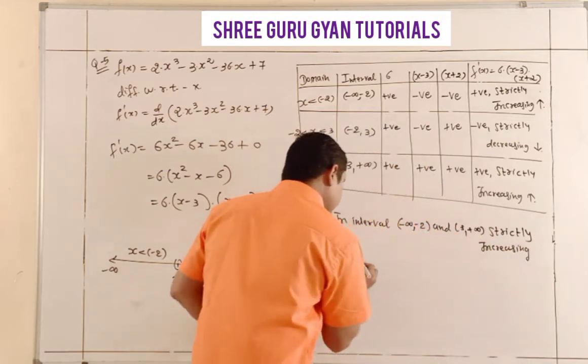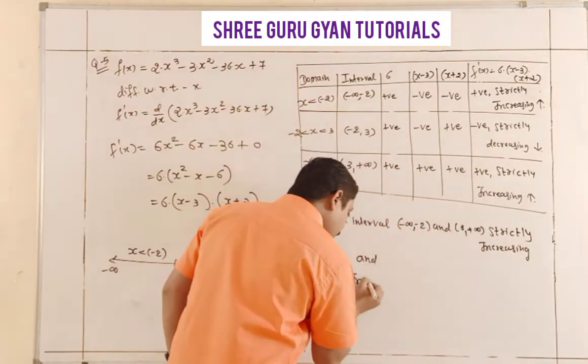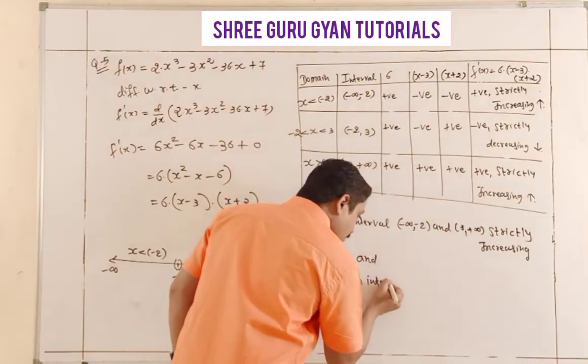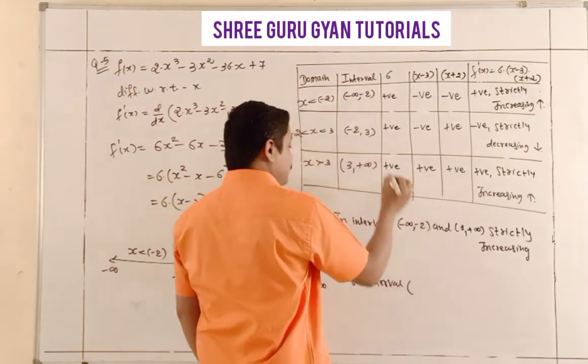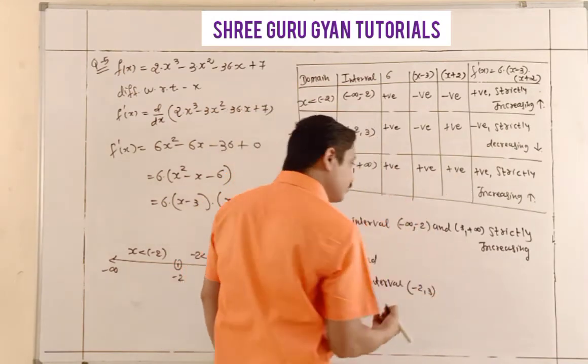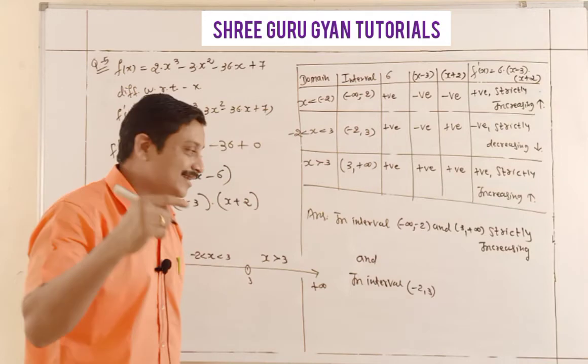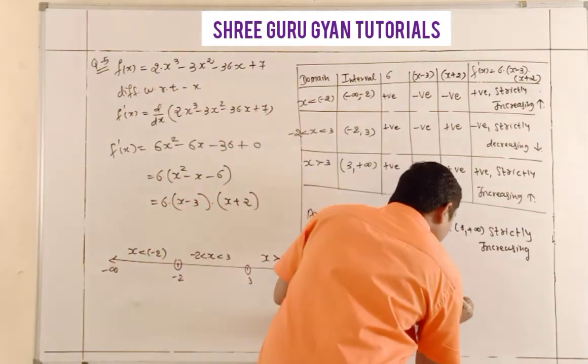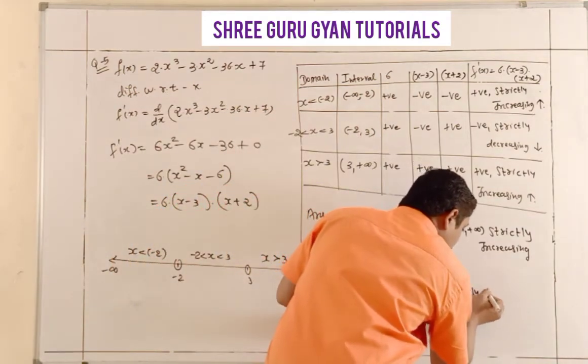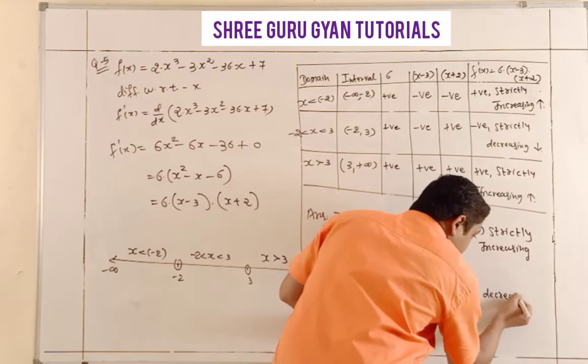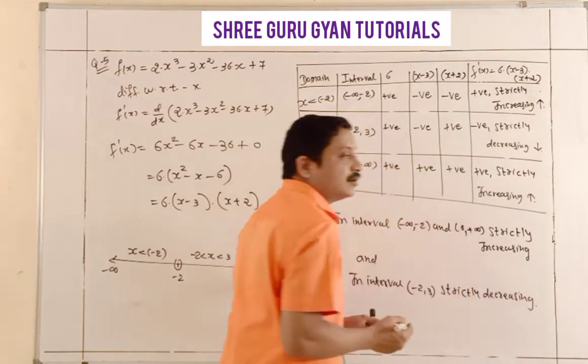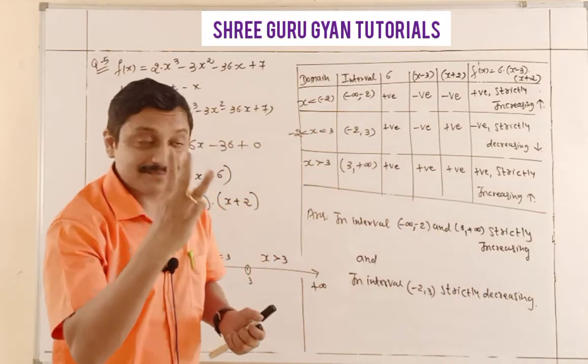And in which interval is it decreasing? Minus 2 to 3. Strictly decreasing. Yes. And here, students, your 3 marks question is done.